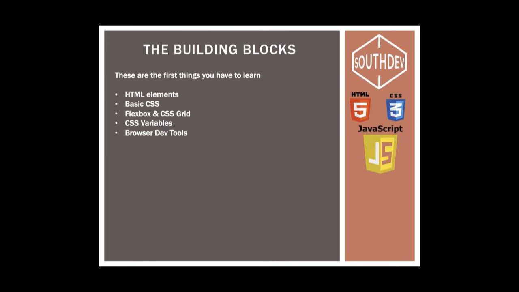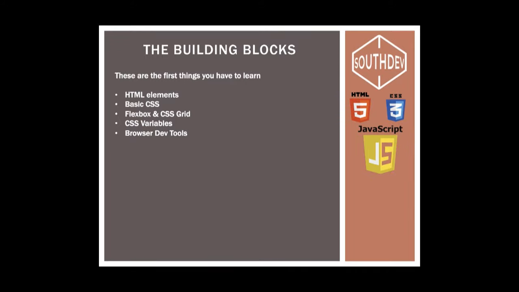When you start learning, you're going to want to start with the building blocks, which is really the easiest stuff. You're going to start with your HTML, which is the bare bones of your website, like the structure of your website.